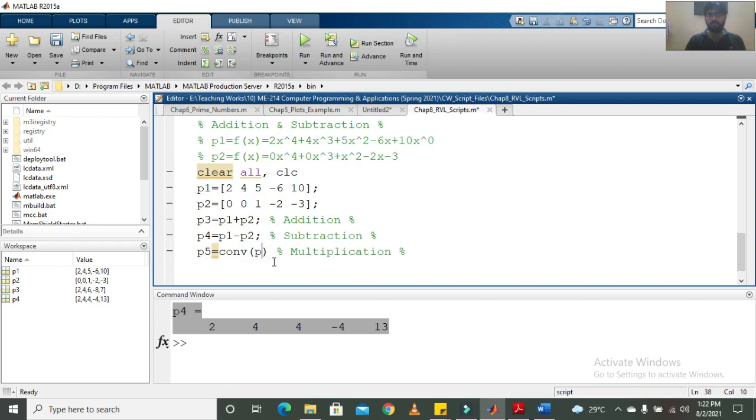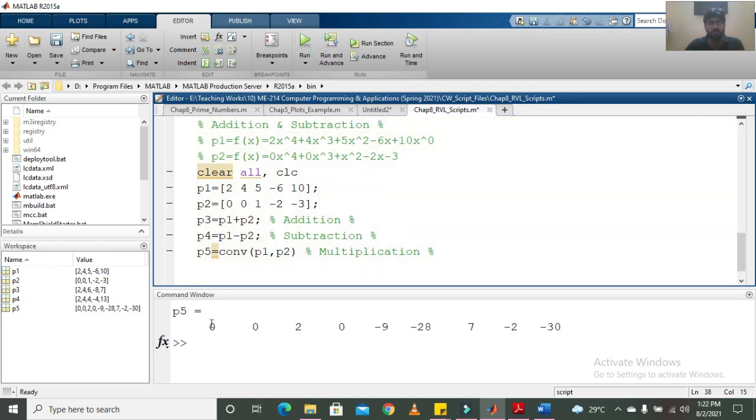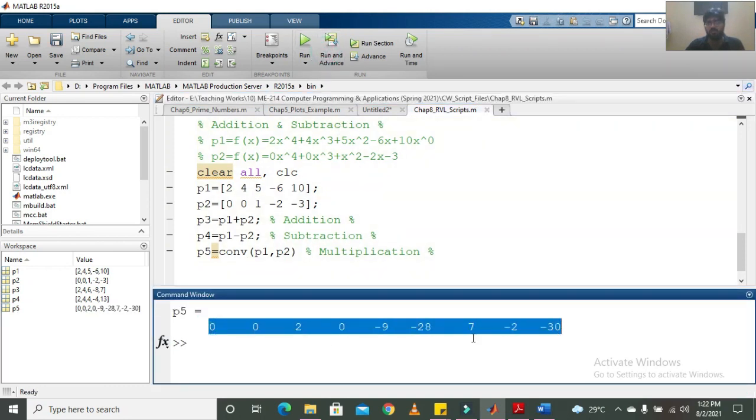So I will mention p1 comma p2. The polynomials have already been defined, and what I will do is simply use the conv function and define the input arguments. So when I execute it, here you can see this will be the expression for the polynomial.